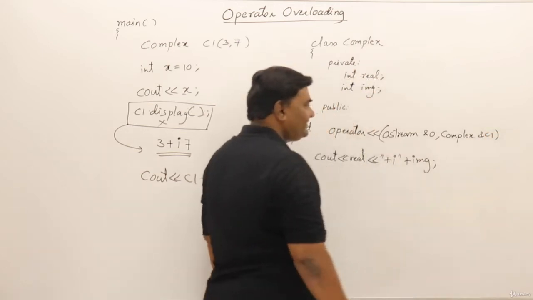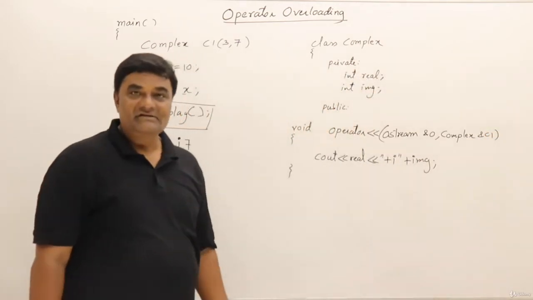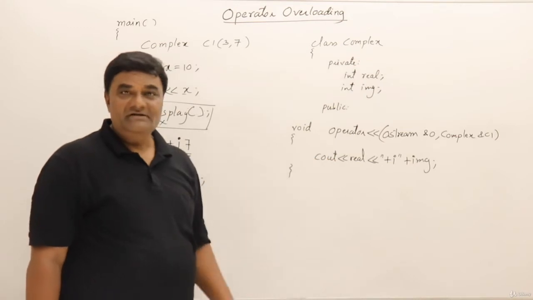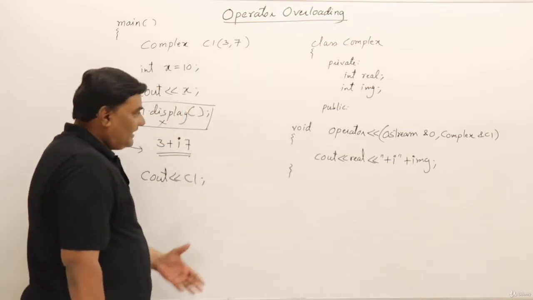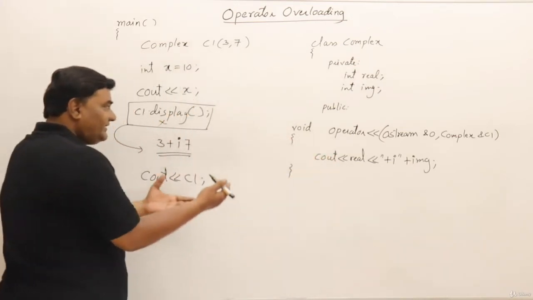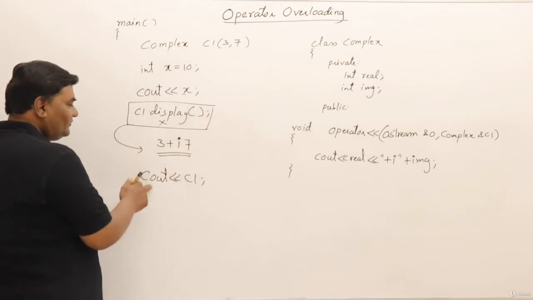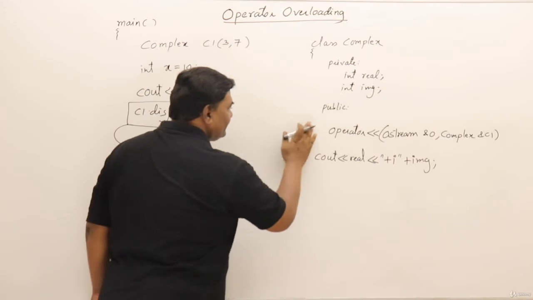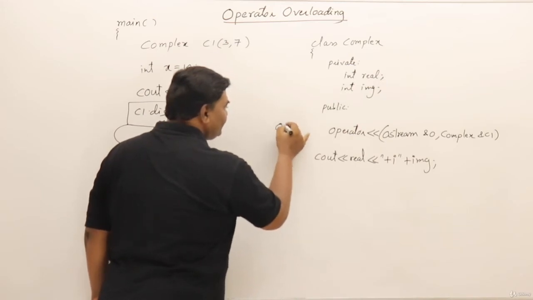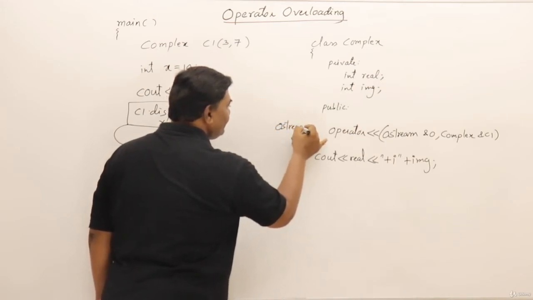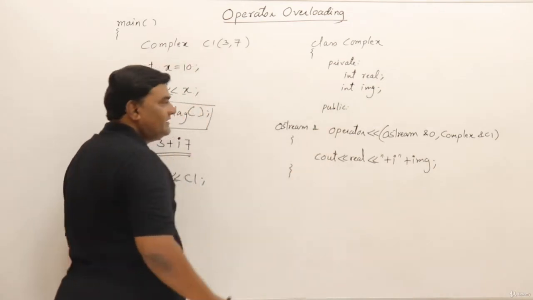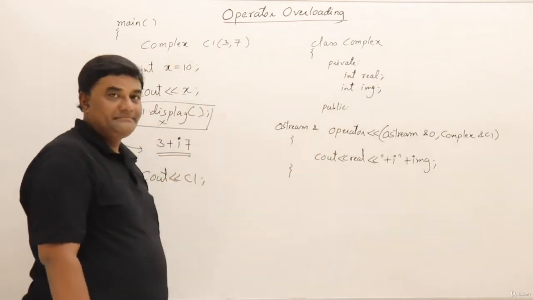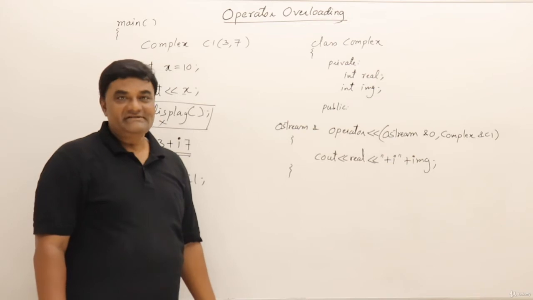You know very well what pass by reference is. Then after displaying this, we want it to return cout so that it can be used again in the same line. So here also I should write ostream reference, the output stream reference.